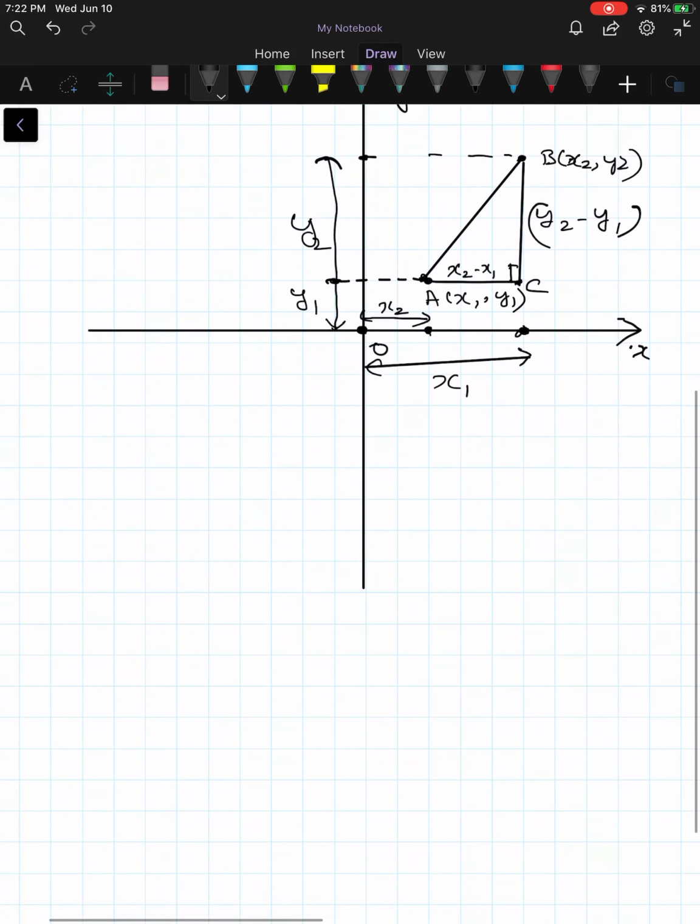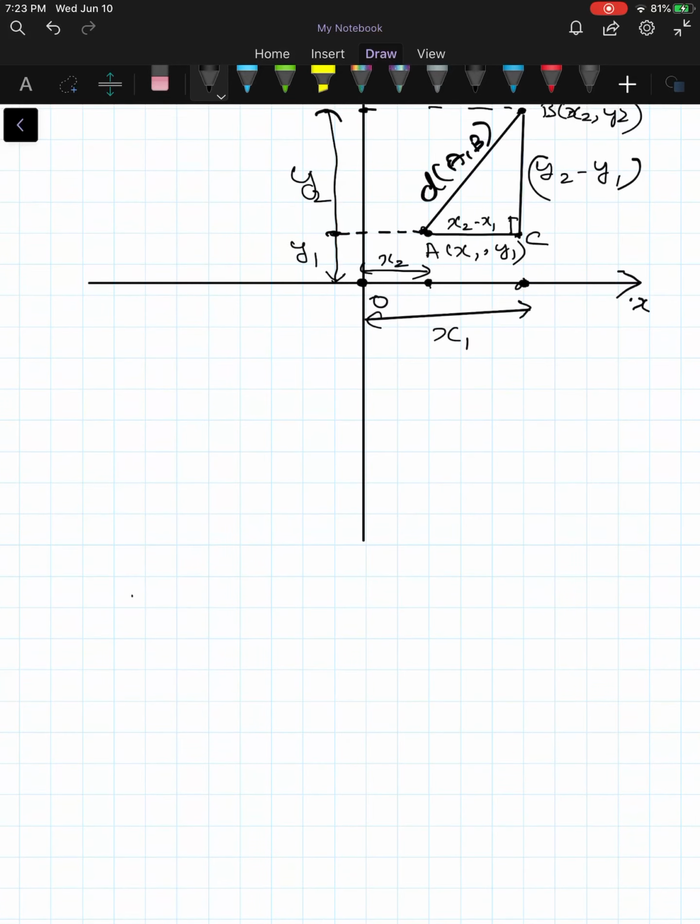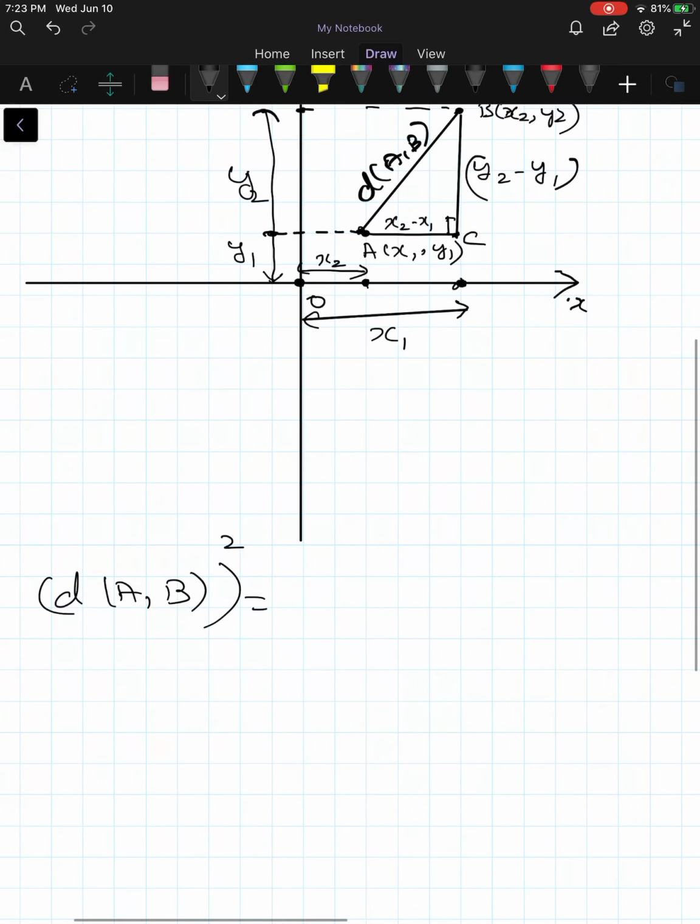So using Pythagorean theorem, we can find out the length of the AB segment, that is nothing but our distance of AB. So d of a comma b whole square is nothing but the sum of the squares of the other two sides, that is x2 minus x1 the whole square plus y2 minus y1 the whole square.